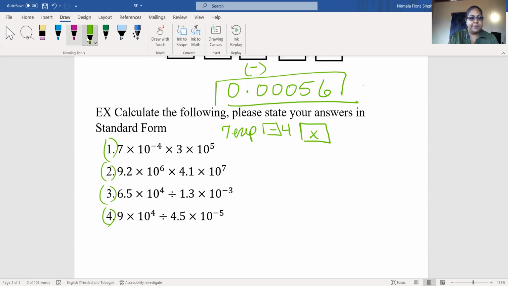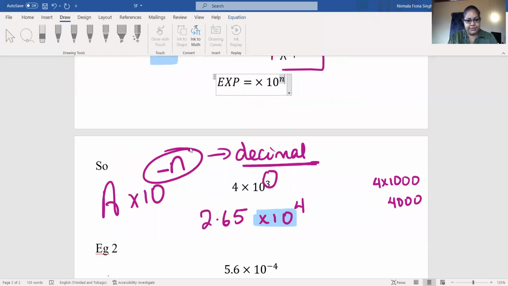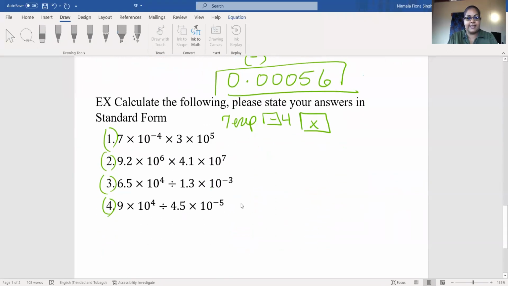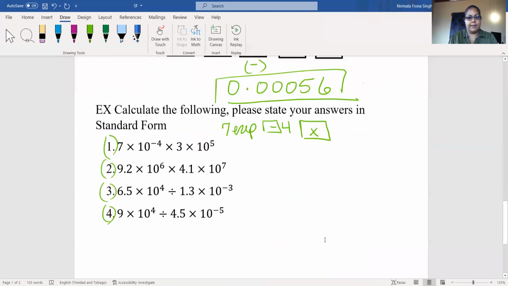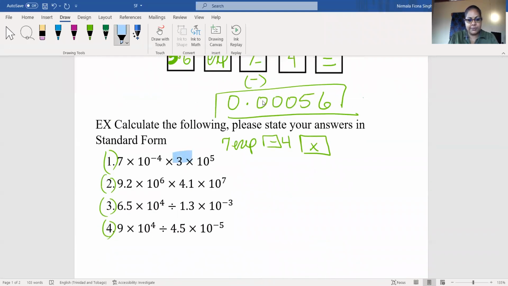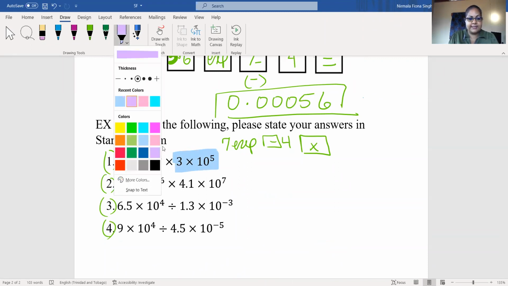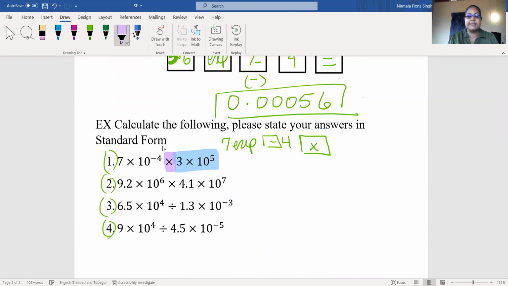Please note this is our standard form, and this is our standard form too. This multiplication sign in the middle indicates that something is being multiplied by something else.